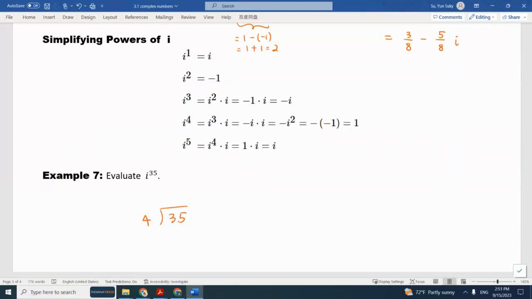What do you put in the quotient? 8. 8 times 4 is 32. And then you use 35 minus 32 is 3. So i to the 35 equals i cubed. i cubed is minus i. Okay, everybody? Just look at the remainder.